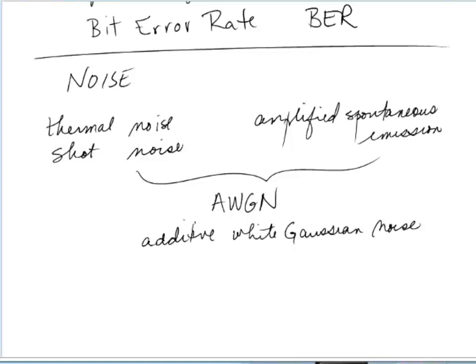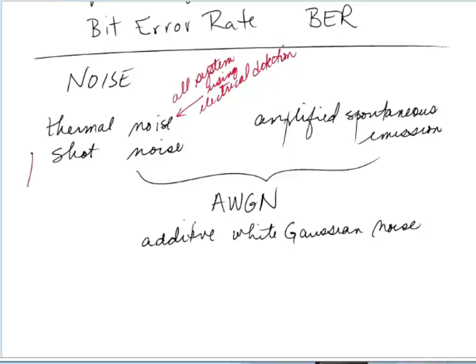So the thermal noise is very common in all systems. All systems using electrical detection have thermal noise. So any detection circuit is going to be characterized as having thermal noise, so this is very similar to what we see in any classical digital communication source.